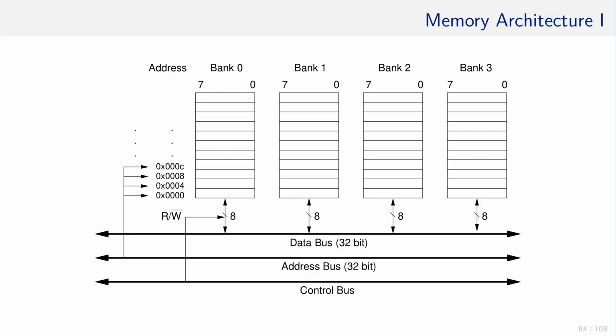In addition, there is an address bus indicating which memory address to access. Internally, the memory is organized in banks, splitting the data among them. This figure shows such an organization considering a 32-bit processor architecture, which can read and write 32 bits of data to the memory every clock cycle.